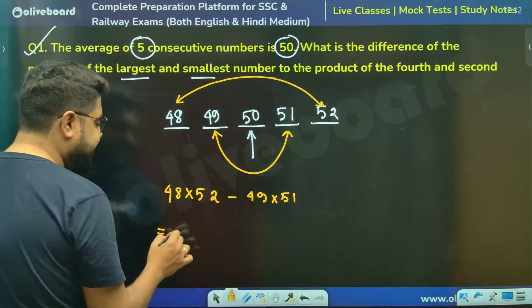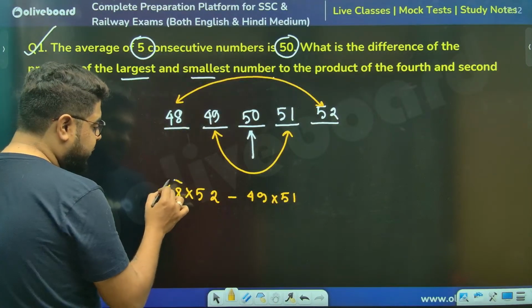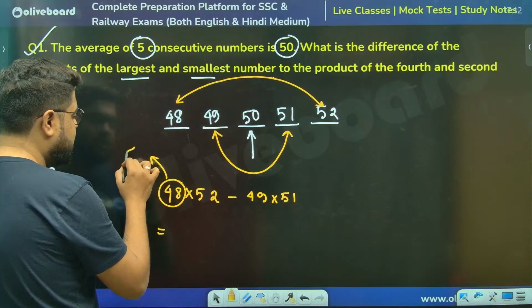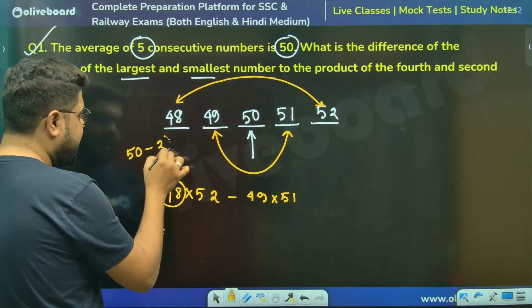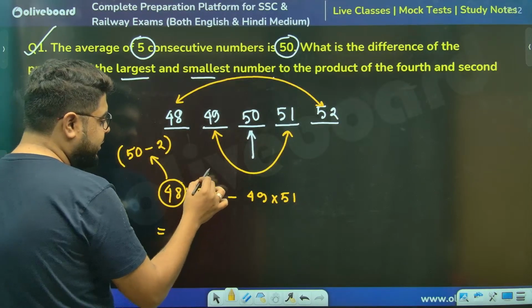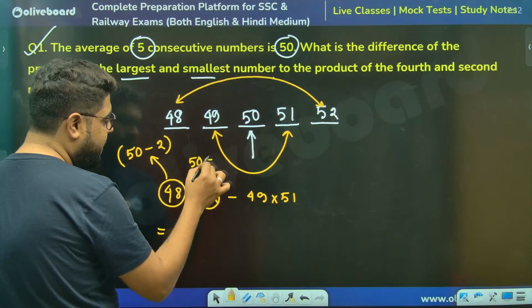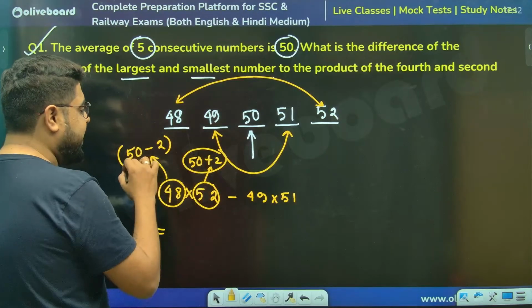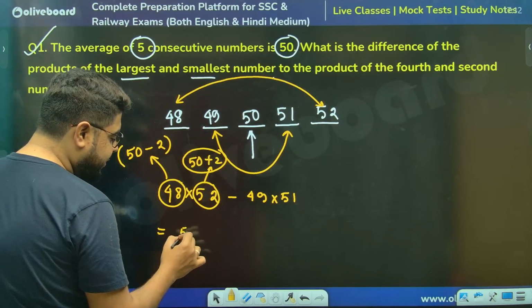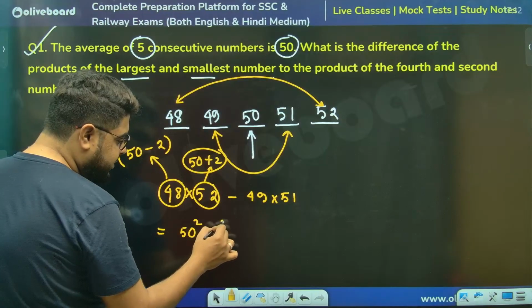Always remember, this is 50 minus 2, and this is 50 plus 2. So (a plus b) into (a minus b) is a square minus b square.